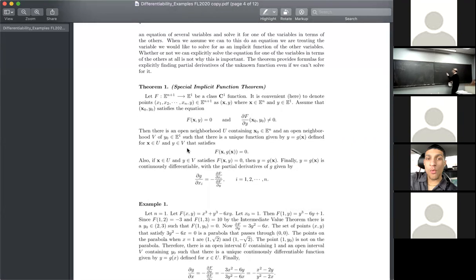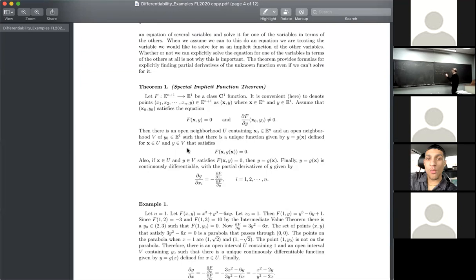Okay, and we're assuming that the partial derivative of f with respect to the last variable is not 0 at x naught, y naught. Under this assumption, there will be a function f, where f is a function of the variables x1 to xn, and f of x naught will be y naught.